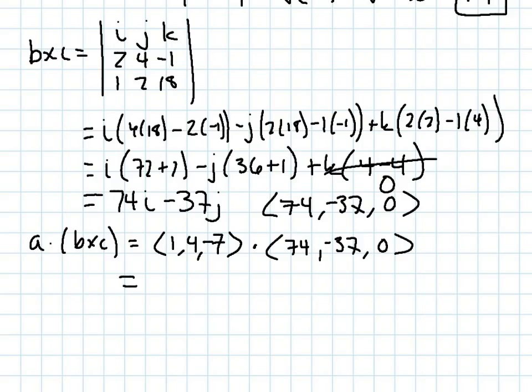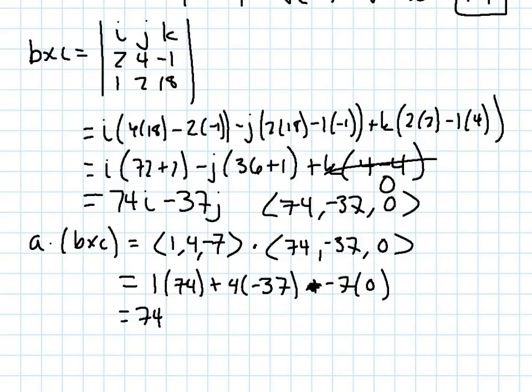So remember, our dot product is each component times its other component, and then you add them all up. So 1 times 74 is 74, and 4 times negative 37 gives me negative 148, plus negative 7 times 0 is 0.